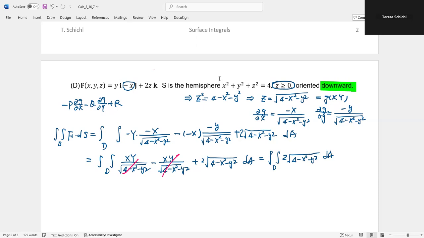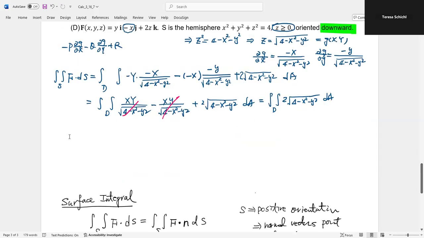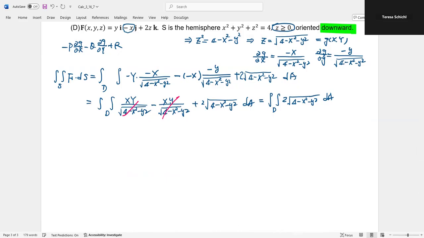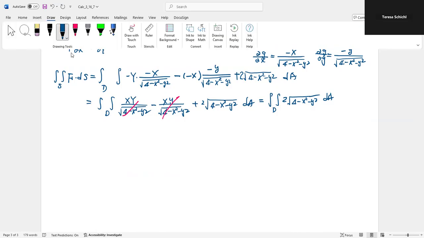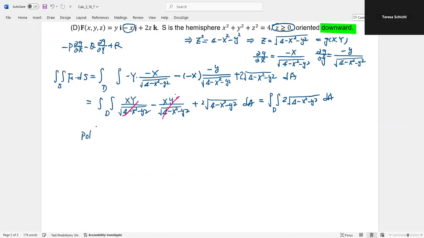So we know every time you see x squared plus y squared, what are we supposed to do? Let's do a polar transformation, right? So here, we do a polar transformation. All right, so I can set x equal to r cosine theta and y equal to r sine theta.